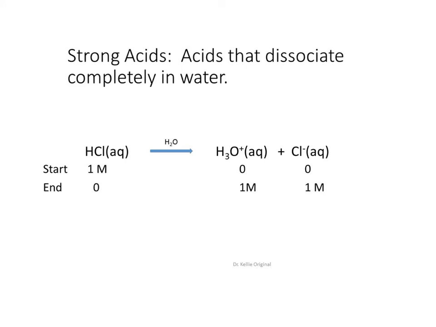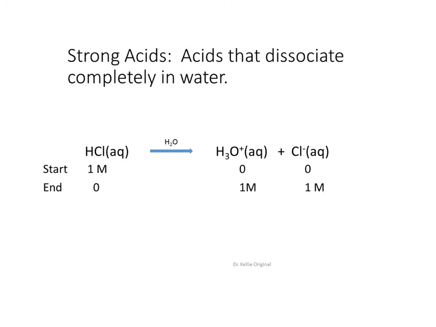We divide acids into two categories: strong acids and weak acids. Strong acids are acids that dissociate completely in water. What I mean by dissociate completely in water is it comes completely apart.